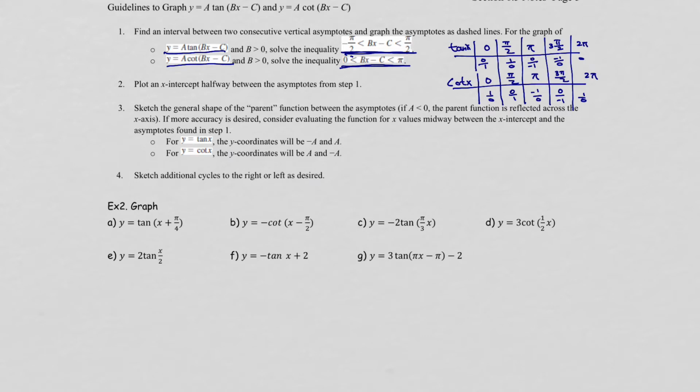And if we're just looking at the tangent, you can see that this point right here, 1 over 0, is going to be undefined. So we know that is going to be a vertical asymptote, right? When the denominator is 0, that's undefined. So again, that will be a vertical asymptote. And cosine will be, this will be vertical asymptotes.